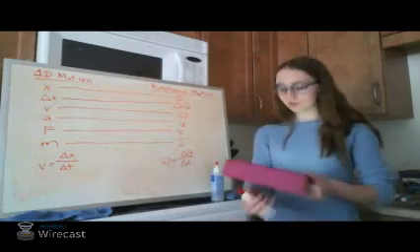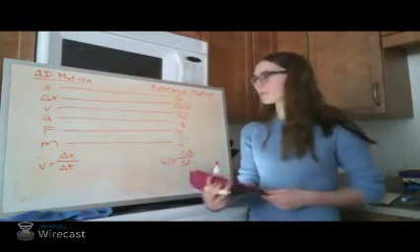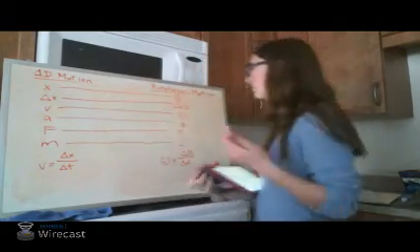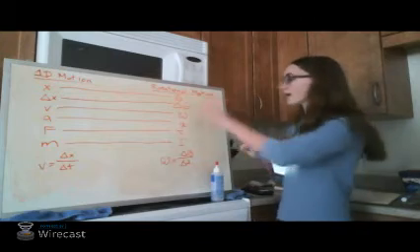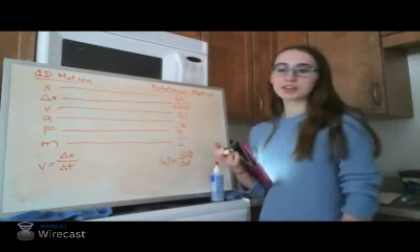It's the same for acceleration, which is change in velocity divided by change in time. Angular acceleration is change in angular velocity divided by change in time. So it's really the same thing.